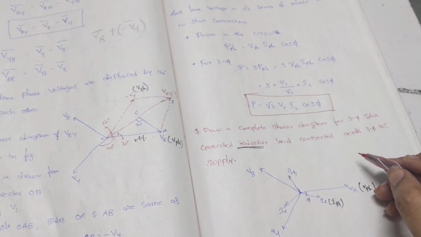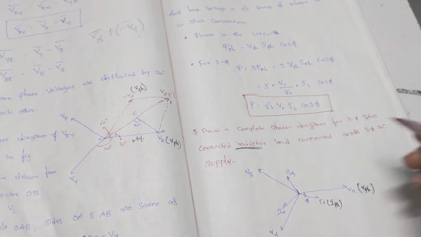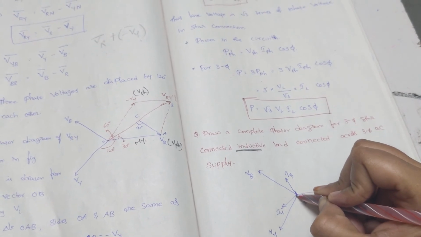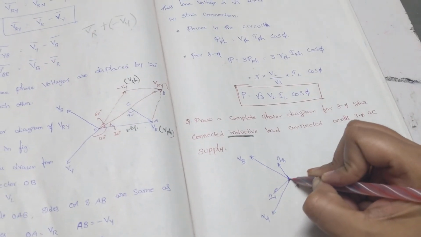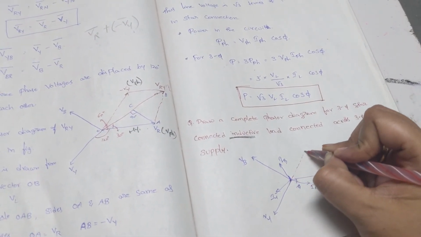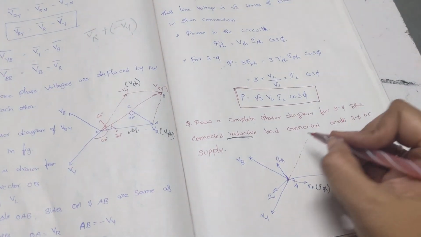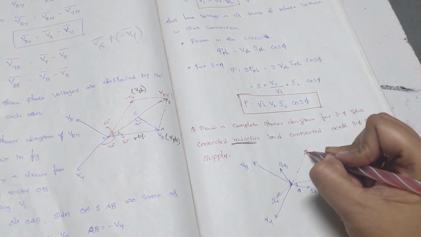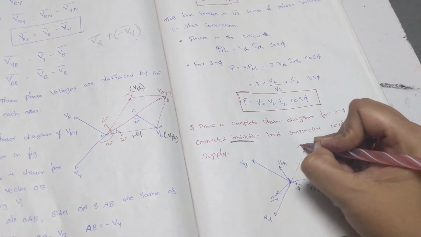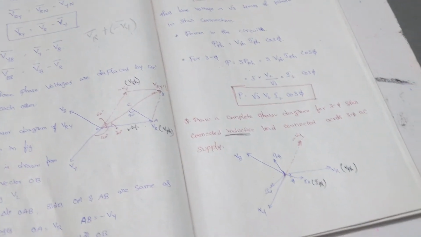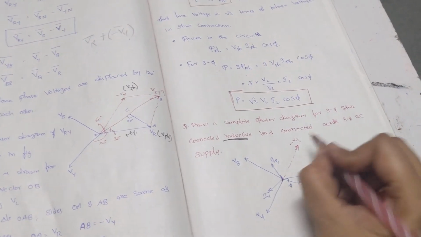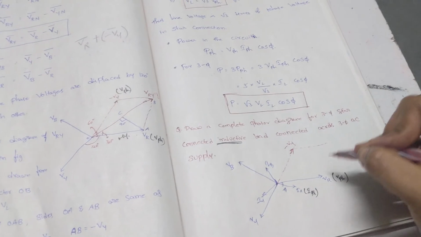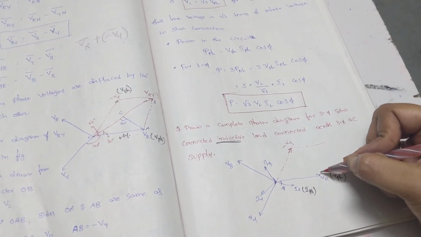If I try to draw the vector, it will be this one, which has the value of minus VY. For these two, I need to draw the resultant vector.